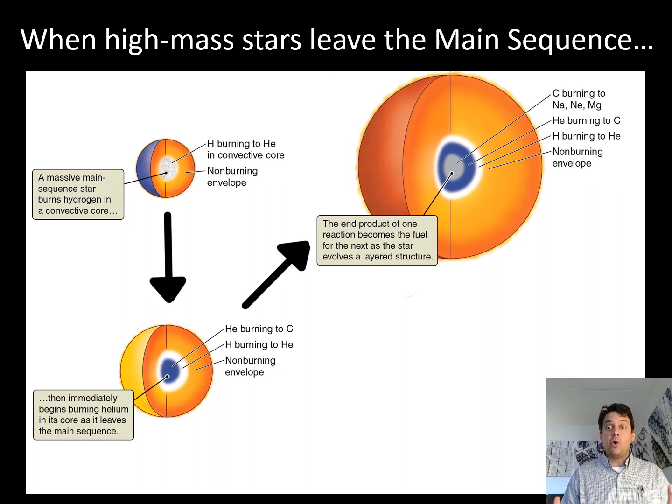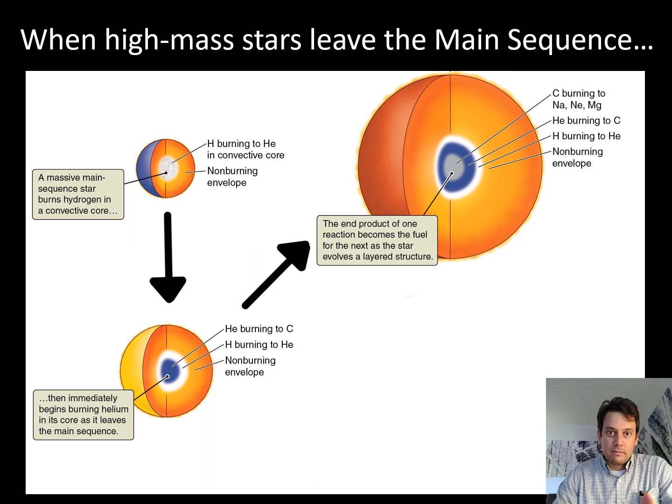You just know that carbon is fused to form sodium, neon, and magnesium, but we're not going to talk about the particular nuclear reactions. So that's what's happening in the core. And then there's a shell surrounding that core in which helium is fusing to form carbon, and there's another shell around that in which hydrogen is fusing to form helium, and then finally there's the ever-present non-burning envelope.